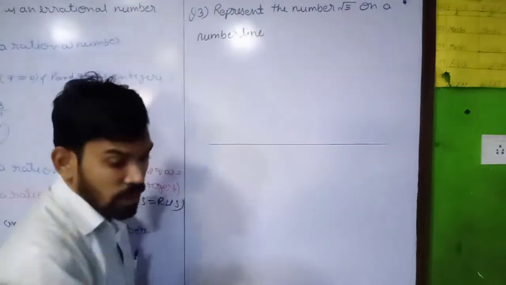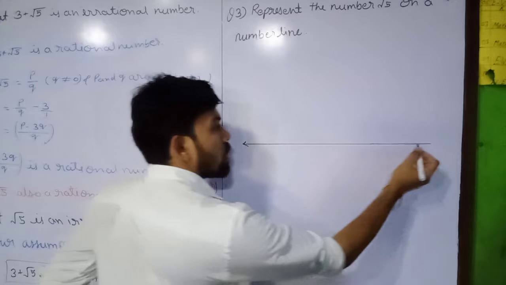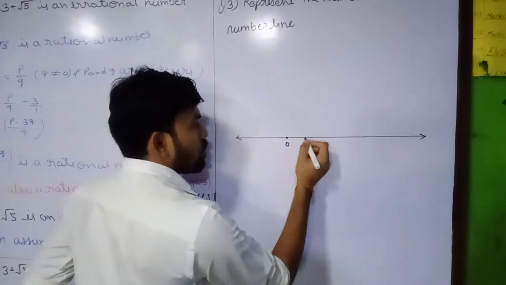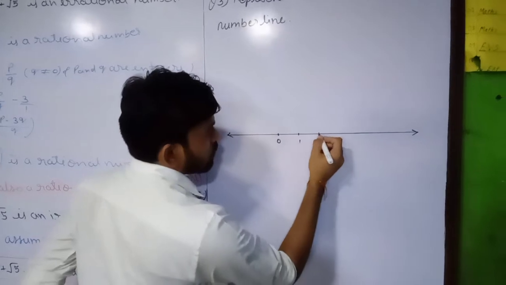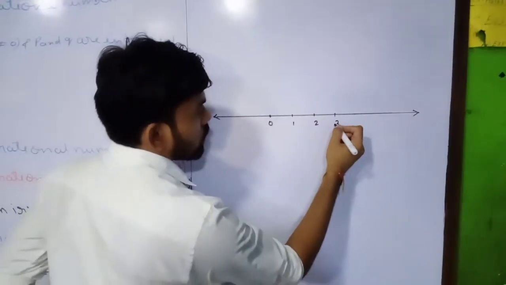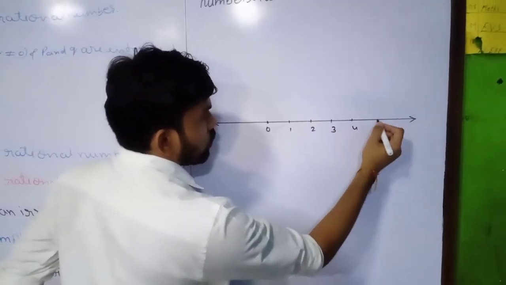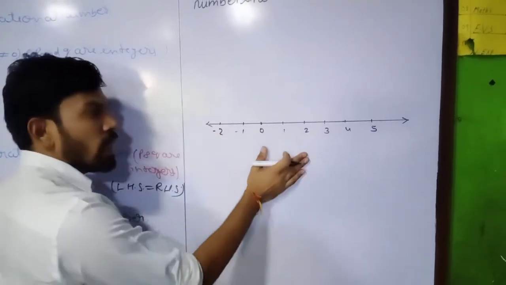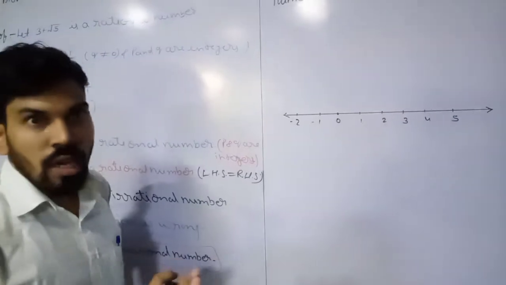First we have to draw a number line. On this number line, suppose here we have 0, 1, 2, 3, 4, 5, and this side -1, -2. In this way we see the number line.